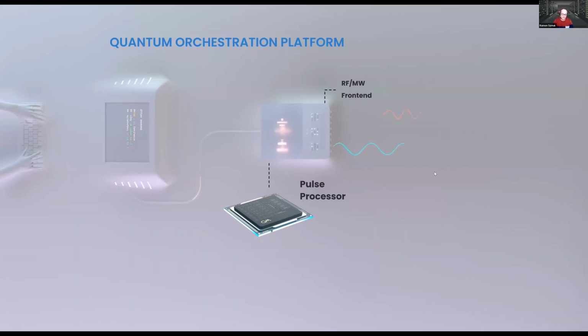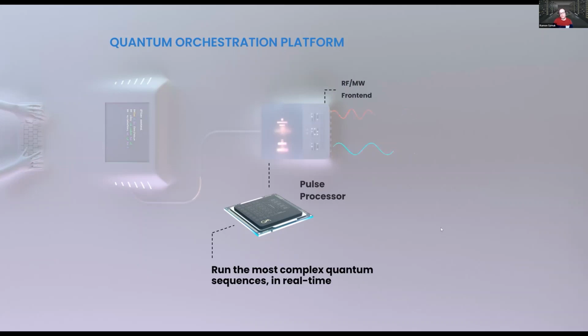It's a new kind of instruction set that treats waveforms and signals as the core, as the main data set that it operates on. So the pulse processor runs sequences in real time and generates waveforms and analyzes waveforms on the fly in real time.